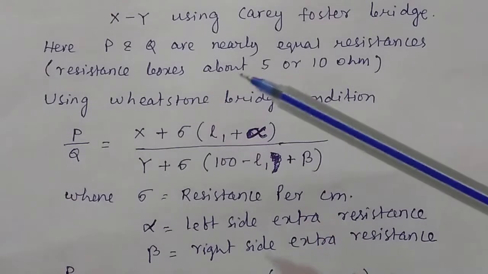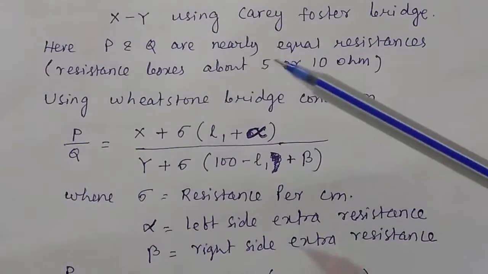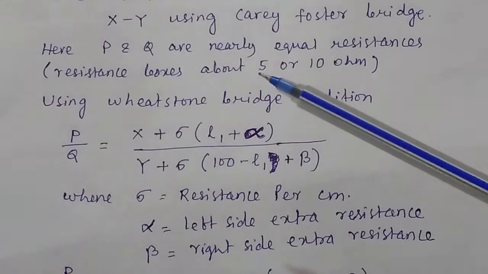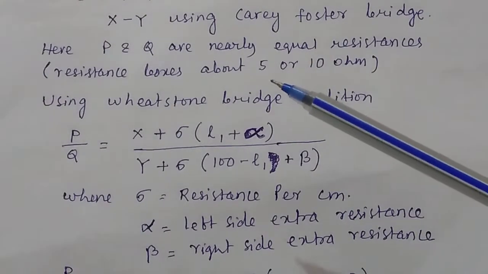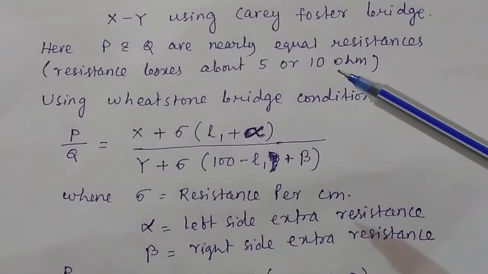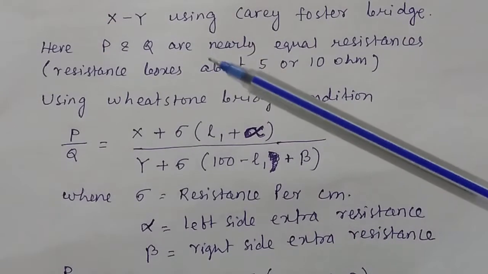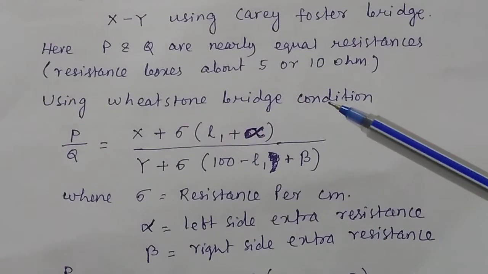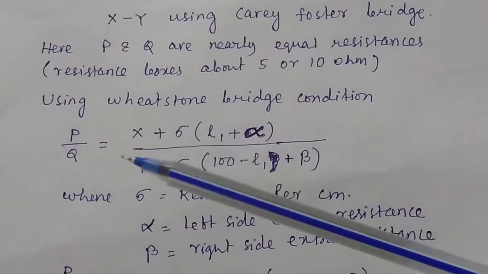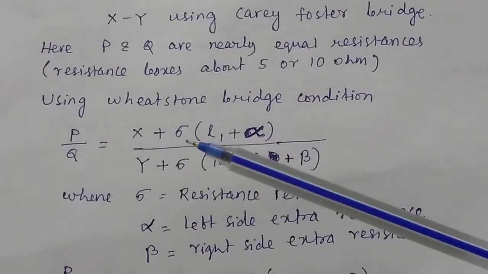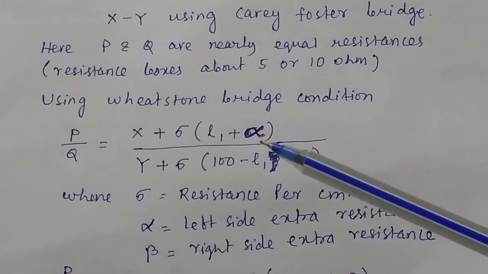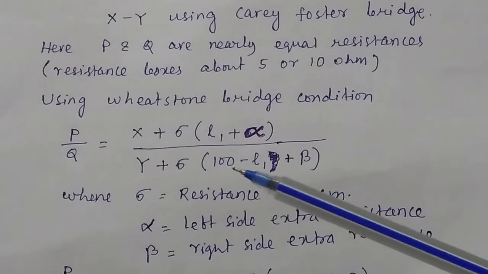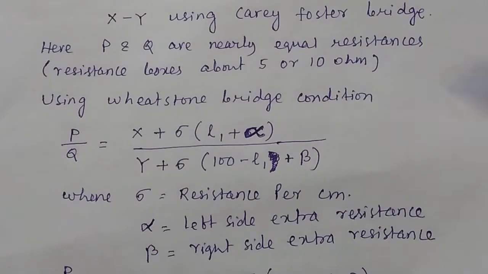As I have told you, the resistances P and Q are nearly equal. So you connect resistance boxes of the order of 5 ohm to 10 ohm in P and Q. And if you use the balanced Wheatstone's bridge condition, that is P by Q is equal to X plus sigma into L1 plus alpha divided by Y plus sigma into 100 minus L1 plus beta.